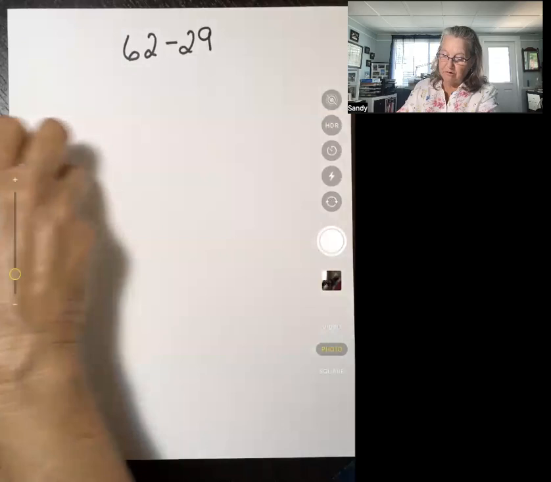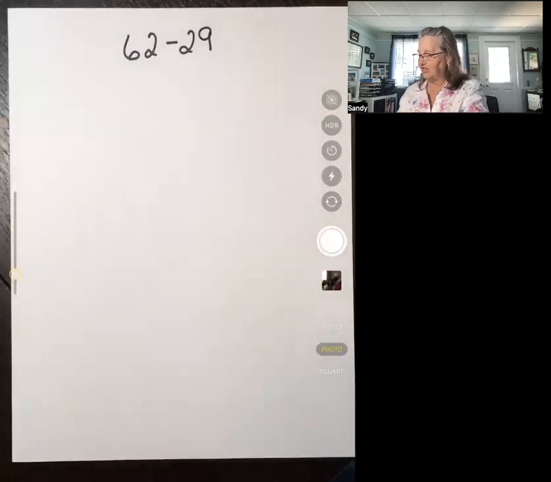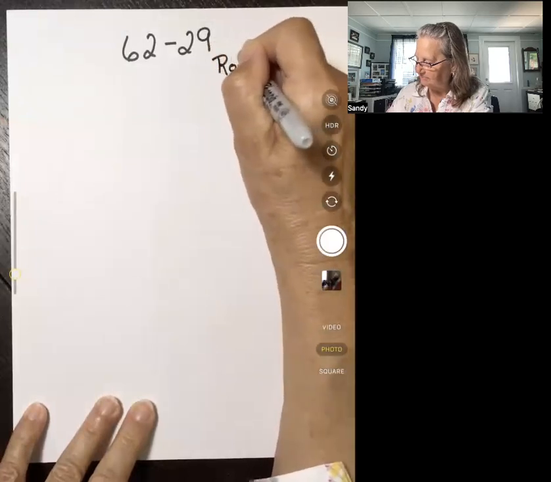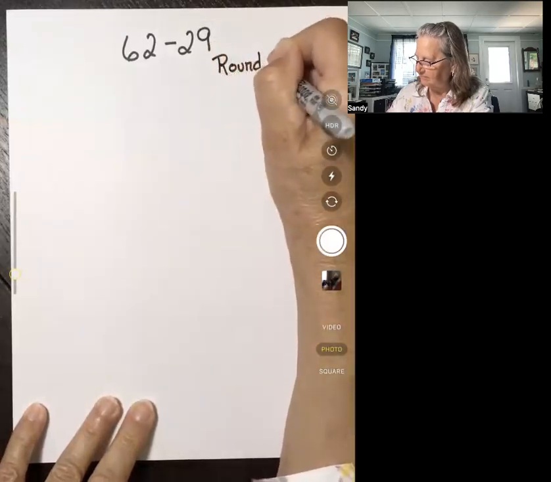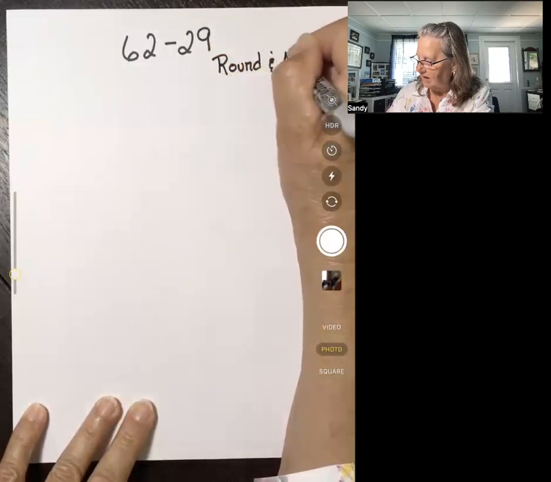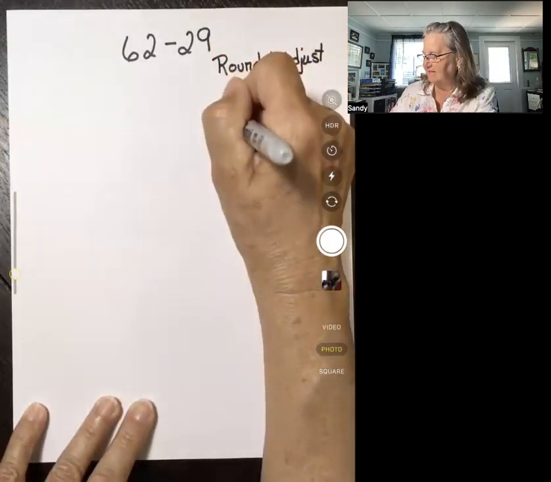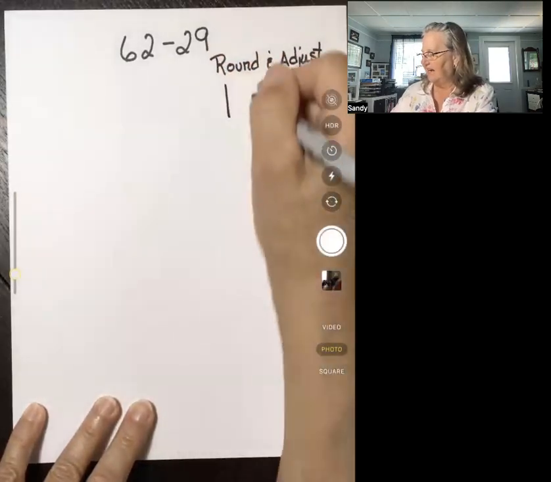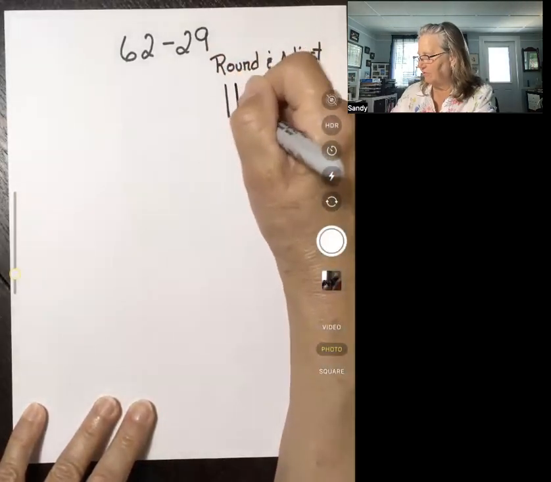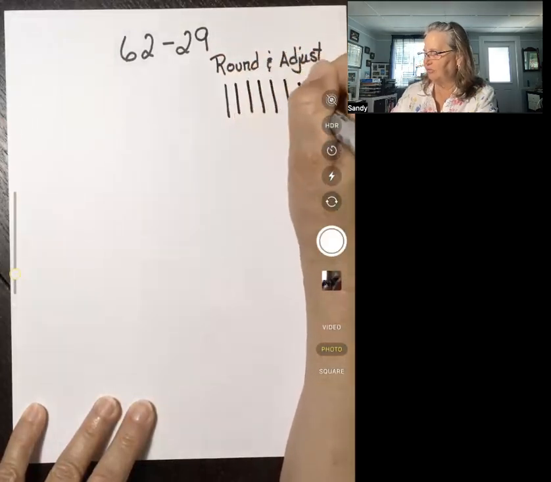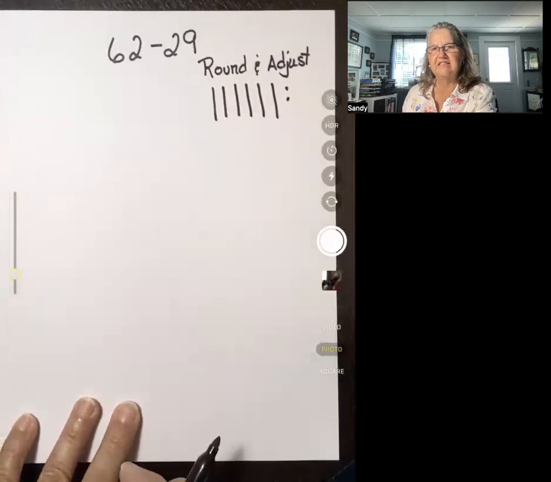Okay. So I remove, I adjust. Now, if I were to draw the picture for the round and adjust strategy, I'm going to use just a line for 10 and dots for ones. So for 62, my picture would look something like this.